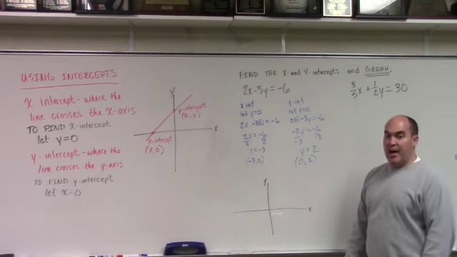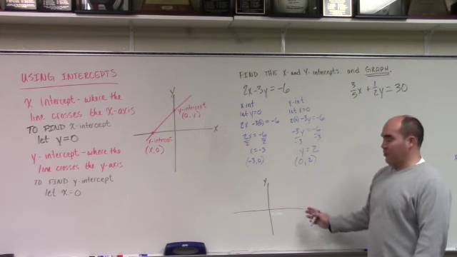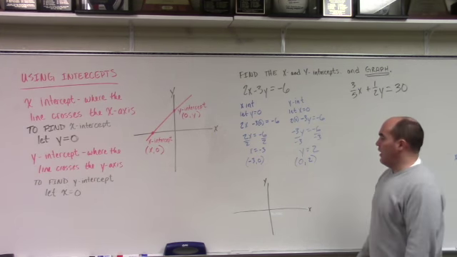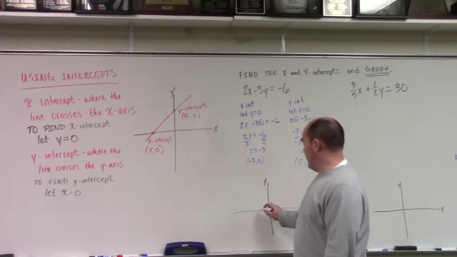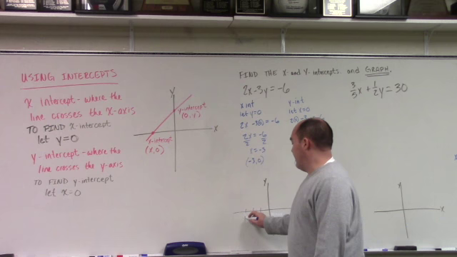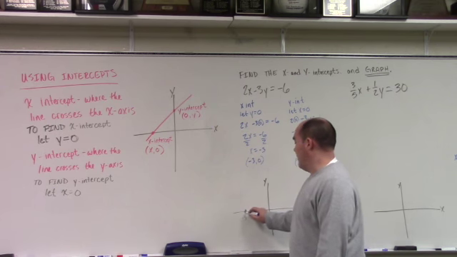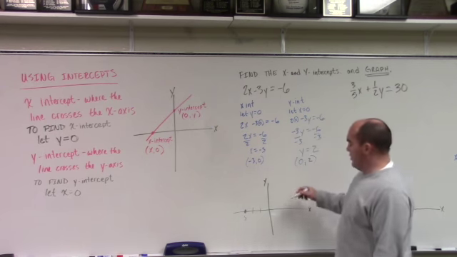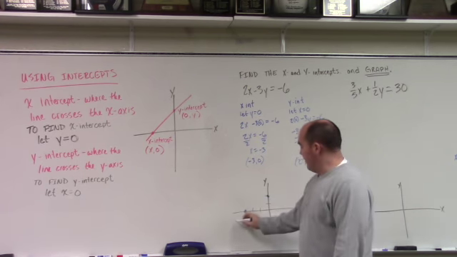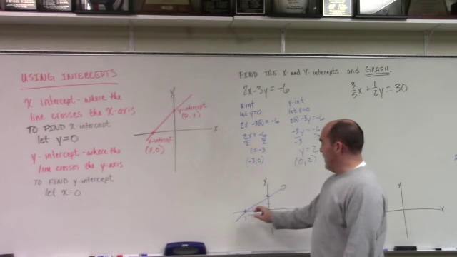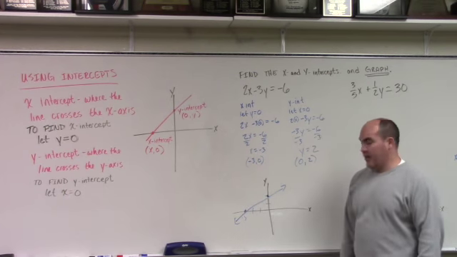Now, if I want to graph it, just a real quick sketch, all I have to do is graph my x-intercept. So I would go 1, 2, -3, and put a point. Then my y-intercept is 2, so I'd go 1, 2, and put a point there. And now I can quickly sketch the line.